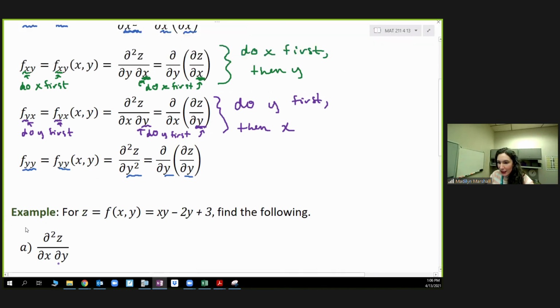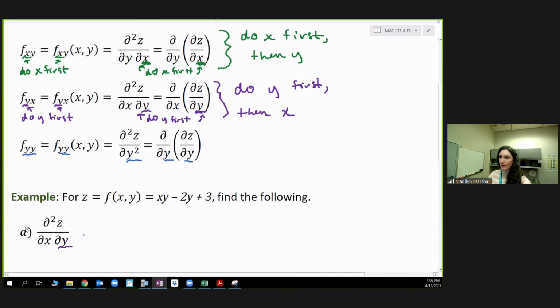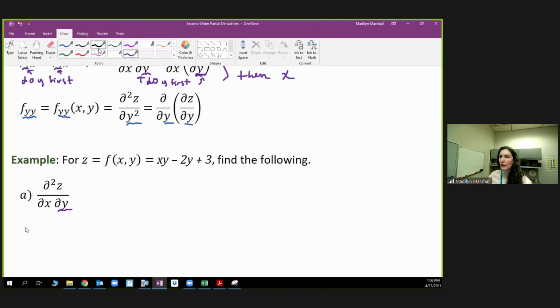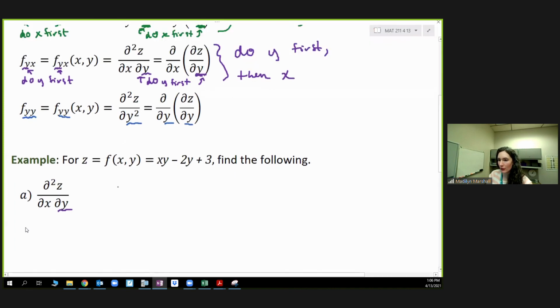And that is the last one when it comes to this D notation. So we would start by finding dz dy, the partial derivative with respect to y.